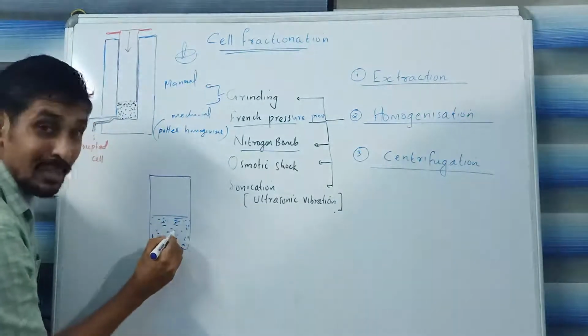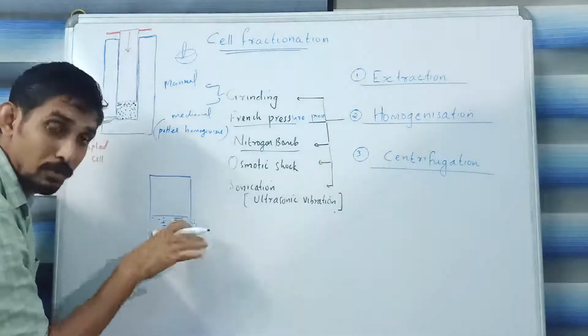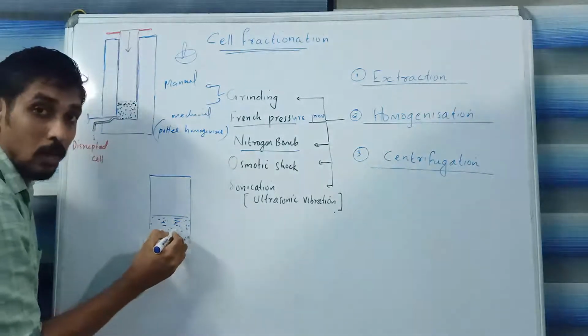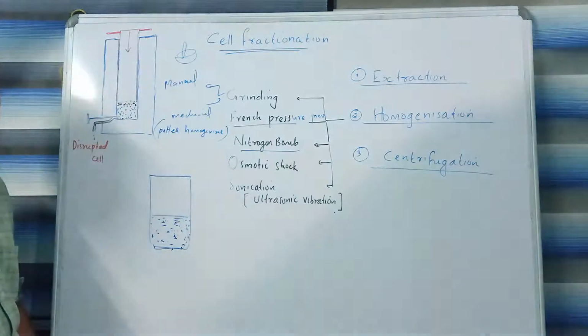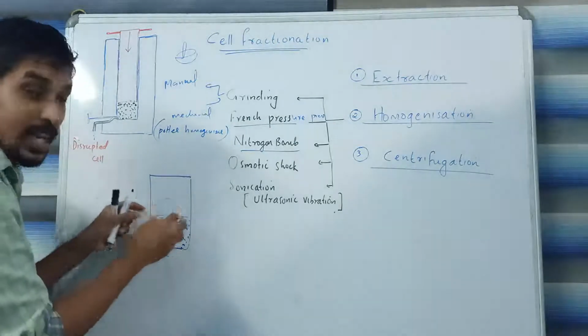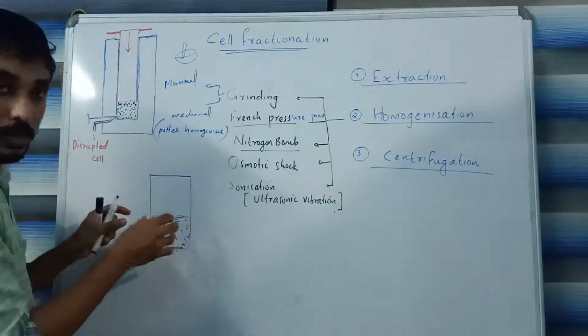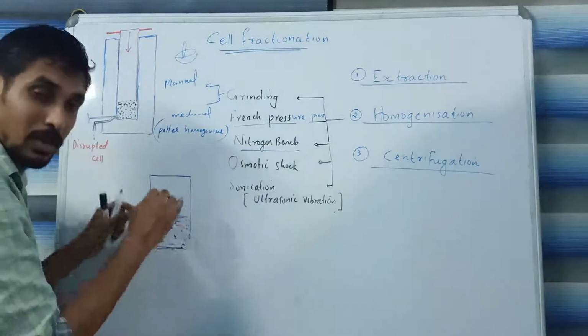So oxygen free nitrogen, that is nitrogen in liquid form, is present along with this liquid suspension of cells. And the internal environment within this closed vessel is at high pressure.